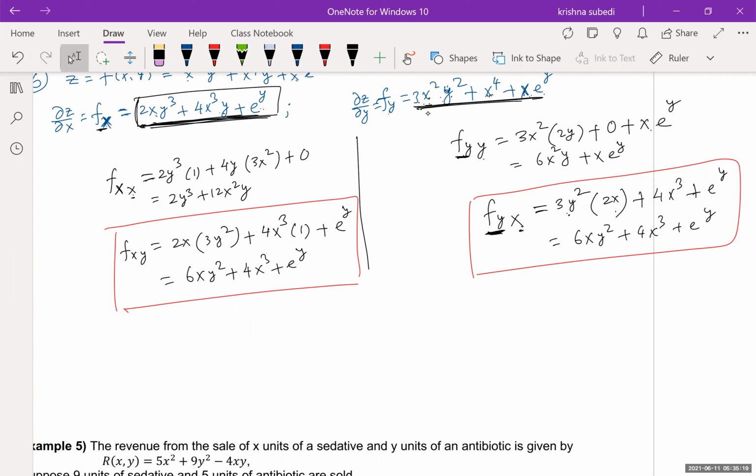And if you noticed something interesting, what is that? Same result. Yes, thank you. So we notice that this result here and this result are the same. Is it a coincidence, or do you think it will always work?